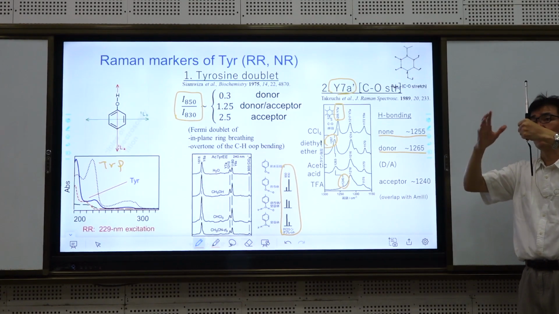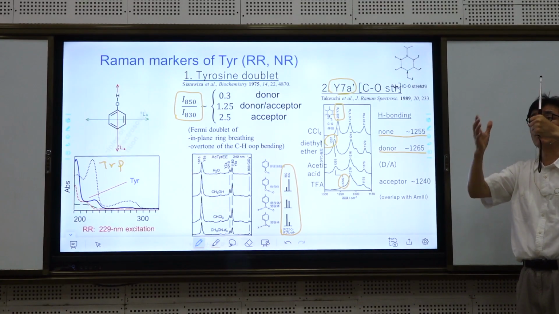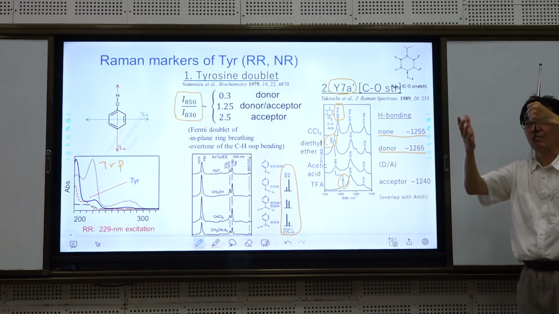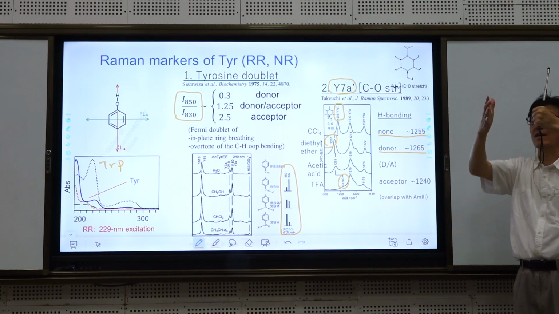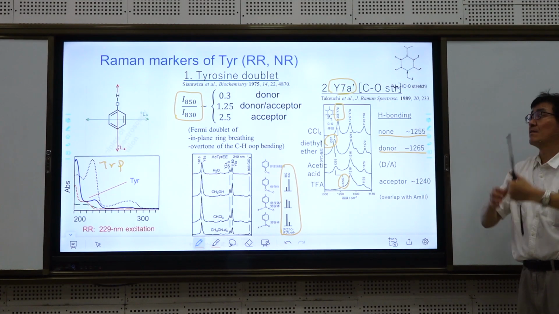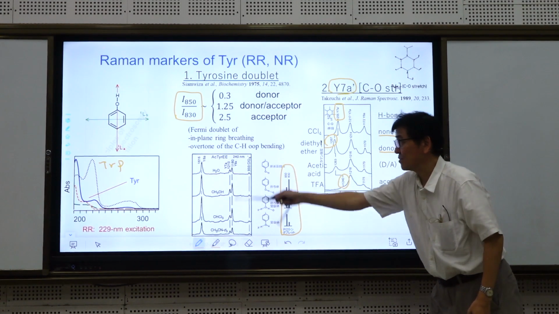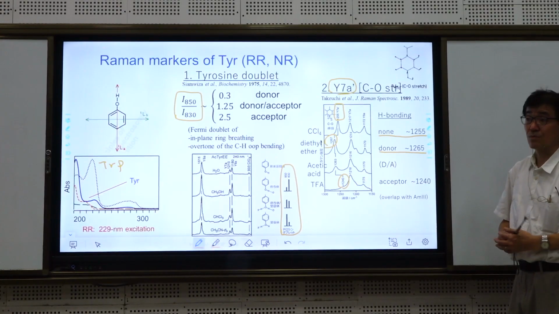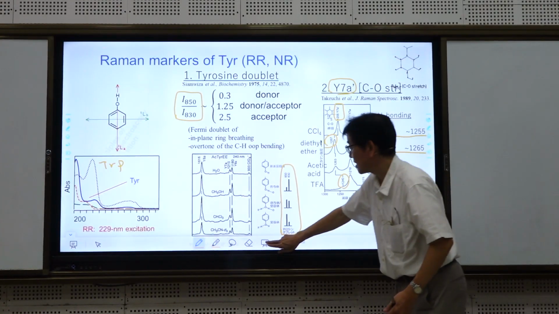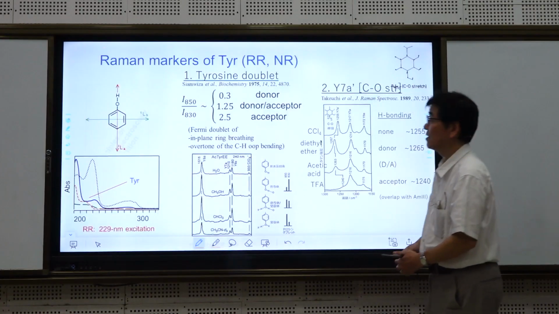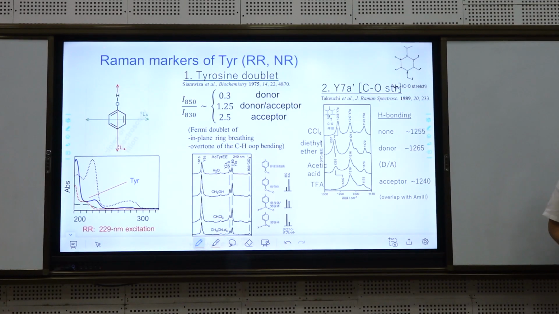Then we can analyze what the structural change is, how the tyrosine plane or tryptophan plane accepts the ligand. This kind of information is very useful to discuss what happens upon ligand binding.